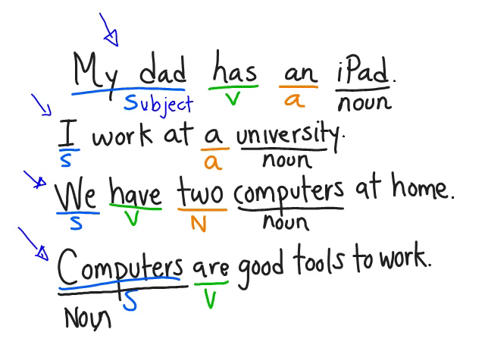And then we have our verb. Remember that all the verbs are actions, such as has, work, have, or are. Example number 1, my dad has an iPad. Remember, we use an because our next sound is a vowel sound.